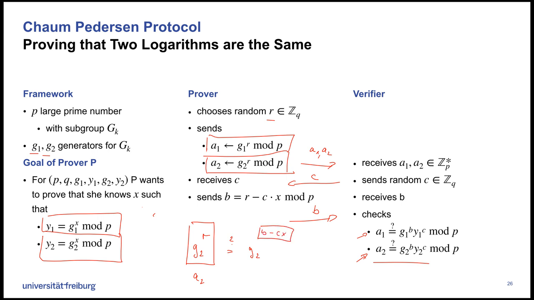So that's what is in the exponent. And then this multiplied with y2. What is y2? y2 is G2 to the x. So that is y2 to the power of C.